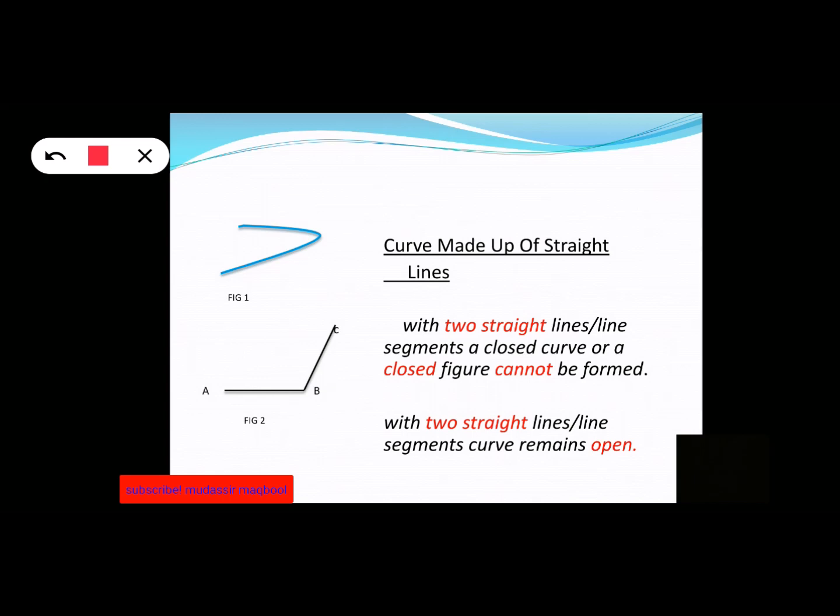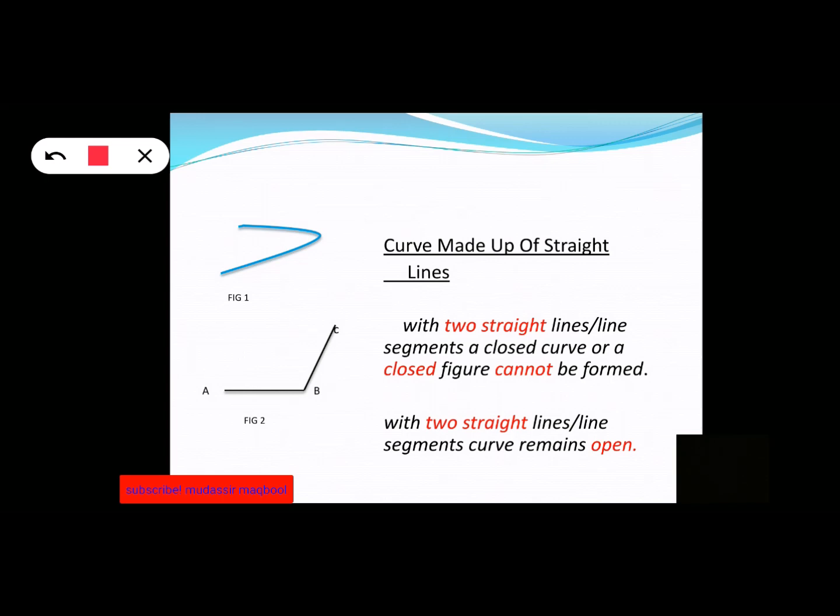But if we consider this from point A to point C as a whole, then we can observe there is a bend at point B. So when we are taking it from A to C, there is a curvature at point B. So we see we can have a curved line which is made up of straight line segments.